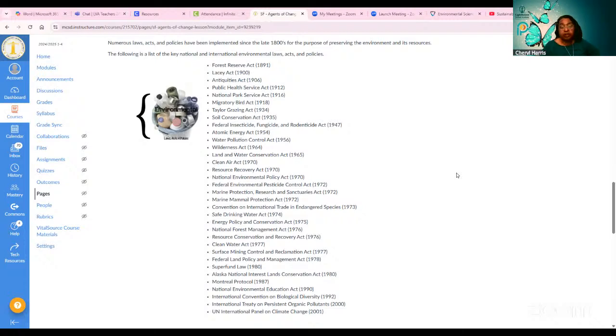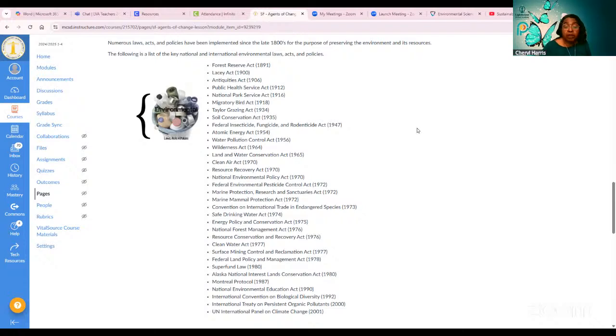Look at this list of environmental acts. Some of them are from the 1900s, 1970s, these are older than you. So some of these need to be readdressed, and it's up to your generation to know about them, address them, and redo them.